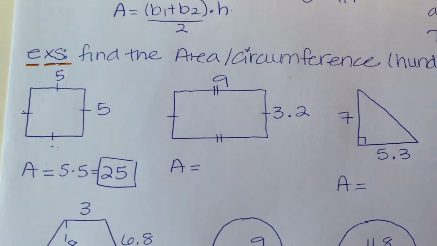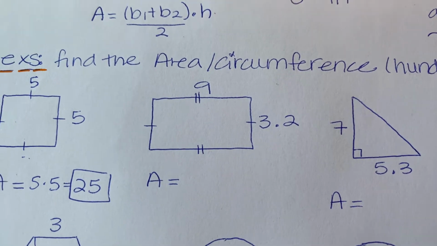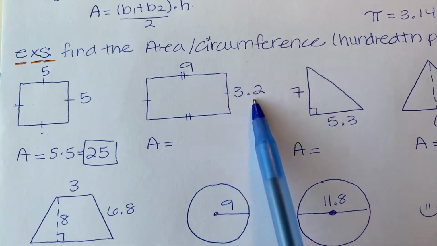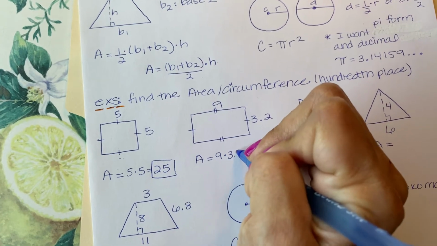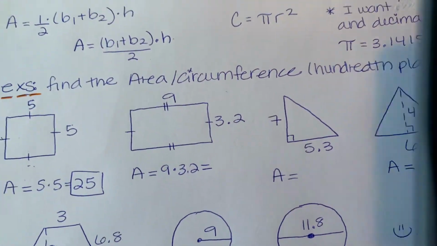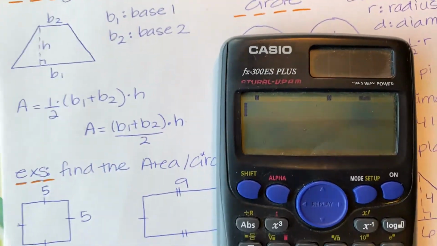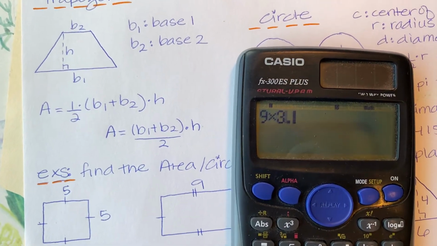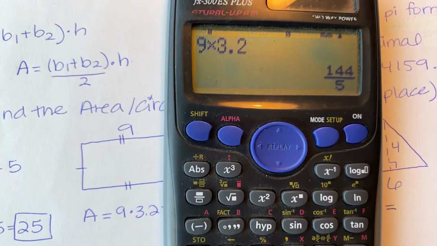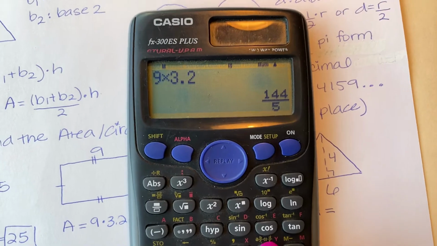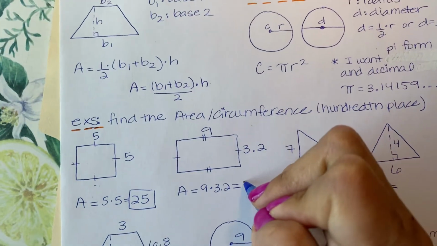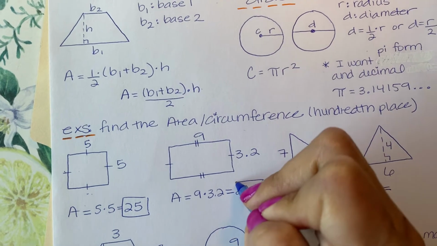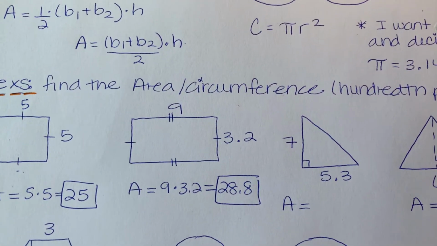Yes. Okay, here, area of the rectangle, length times width, or base times height. It's up to you. 9 times 3.2. Throw that in a calculator. 9 times 3.2. I want the decimal, so 28.8. So far, so good.